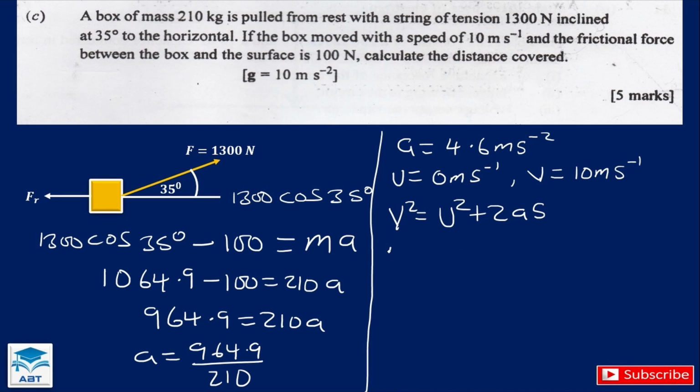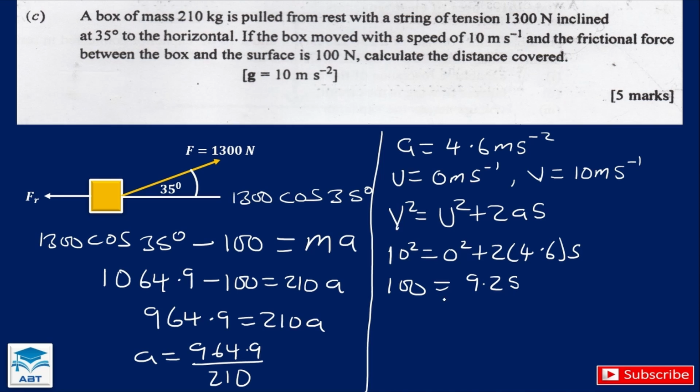So here we have 10 squared is equal to 0 squared plus 2 times 4.6 times the distance. 10 squared is 100. 0 squared is still 0. So we have 2 times 4.6, which gives us 9.2 times the distance.